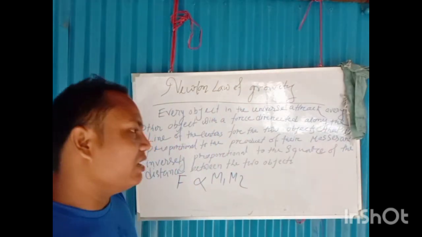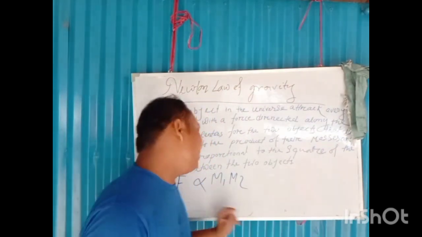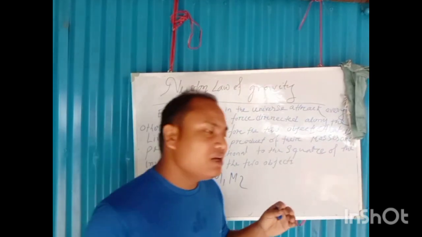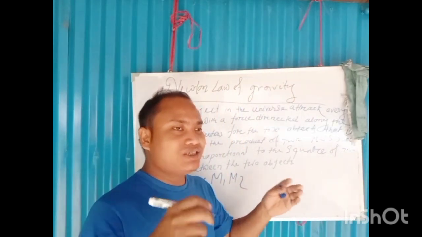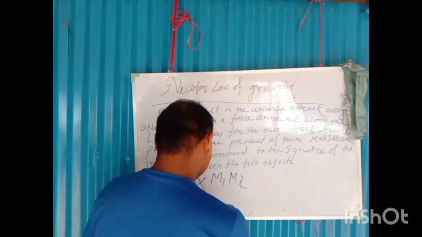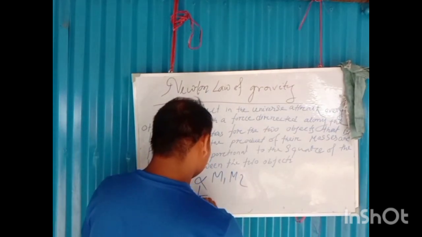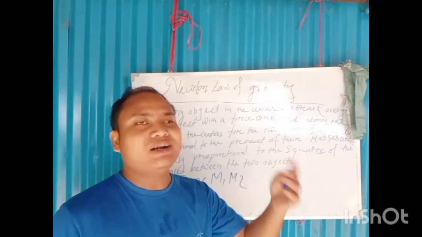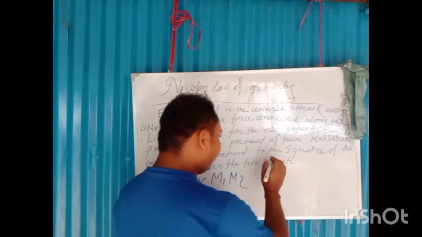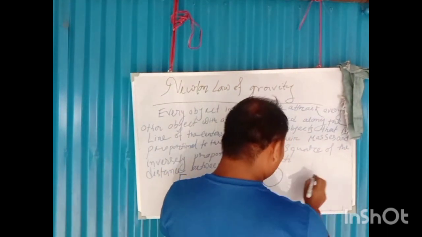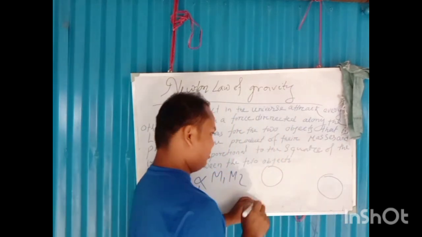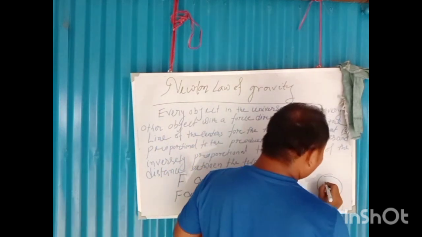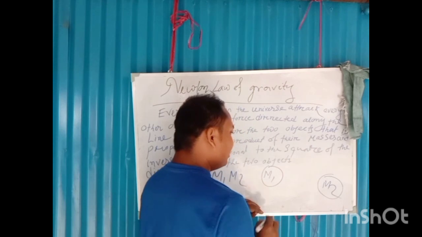Another statement: the force is inversely proportional to the square of the distance between the two masses, 1 by distance squared. Let's see it graphically. This is one particle and this is another particle. The mass of one is m1, and the mass of the other is m2.